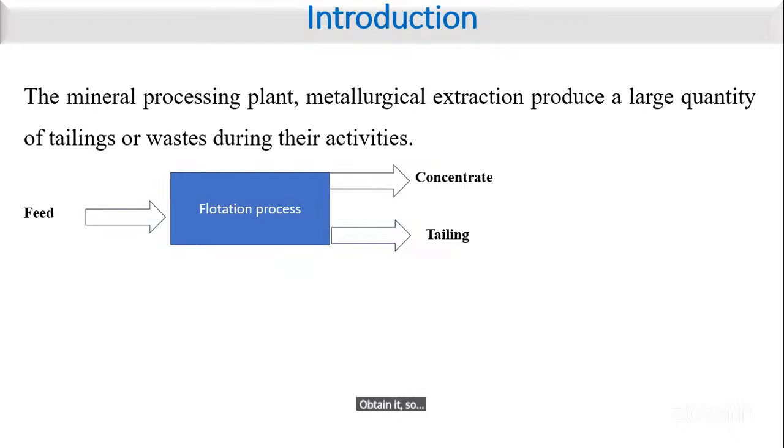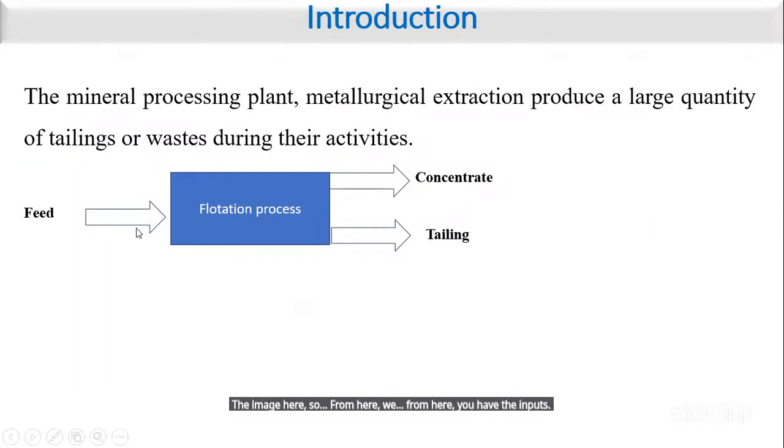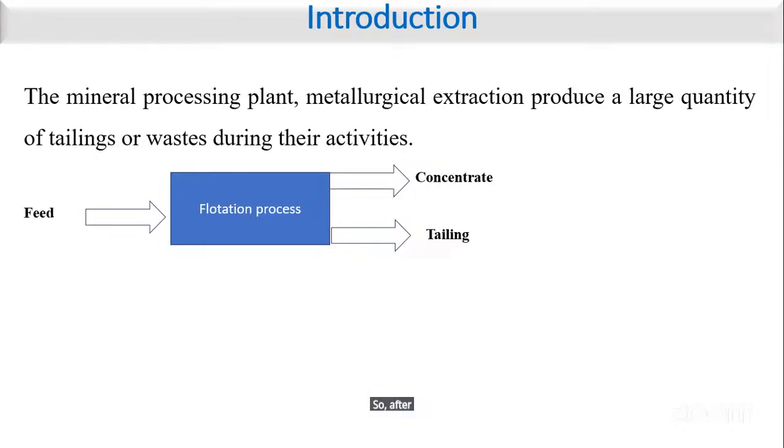From mineral processing, as you see in the image here, you have the inputs. We call it the feed. This is the flotation process. There are many separation methods, but flotation is the most effective technique, which uses the physico-chemical properties of the minerals. After the separation, you get two products, concentrate and tailings.